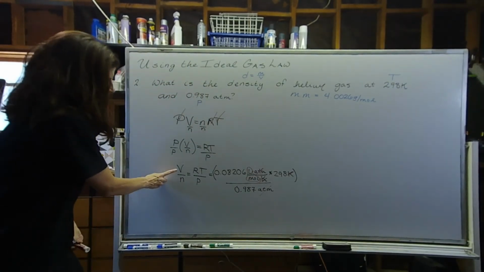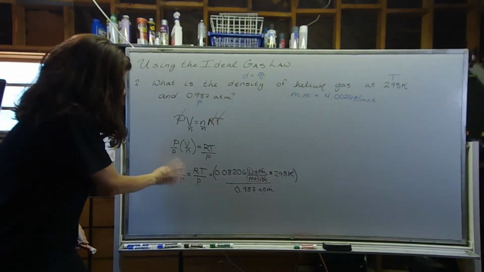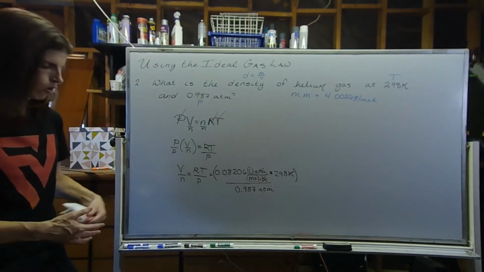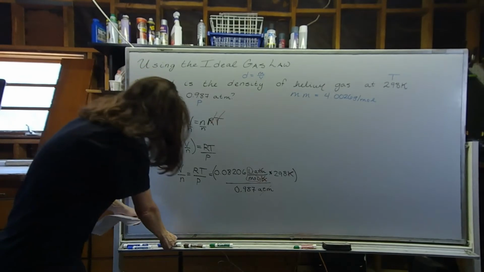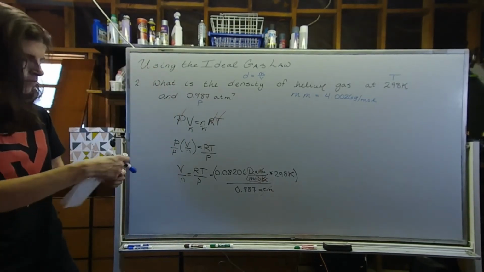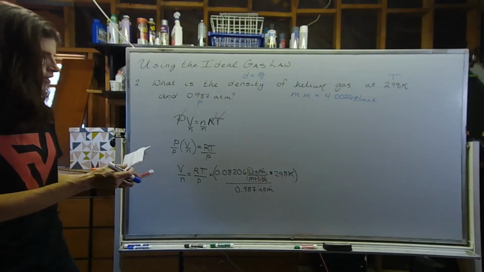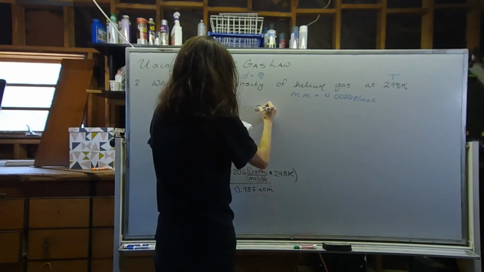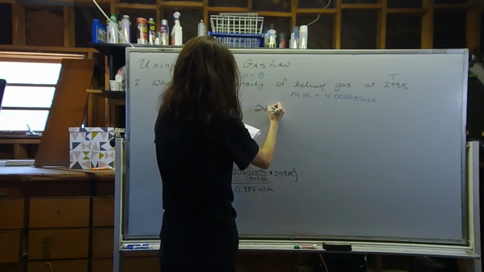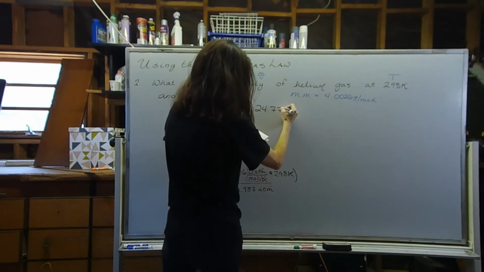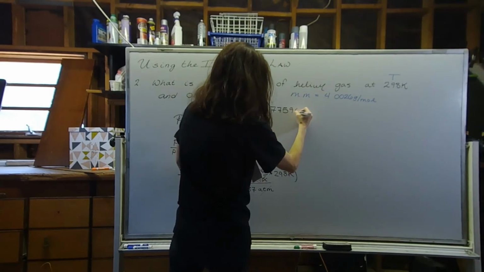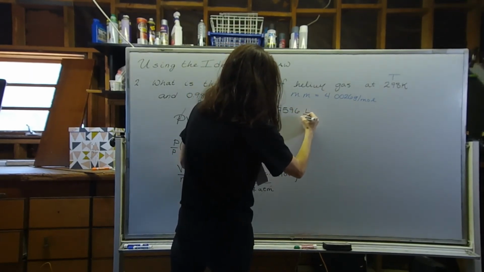And that makes sense because we redistributed everything, solved for volume over moles, so liters over moles makes perfect sense. Plug all that into your calculator, and you're going to get a value of 24.77596 liters per mole.